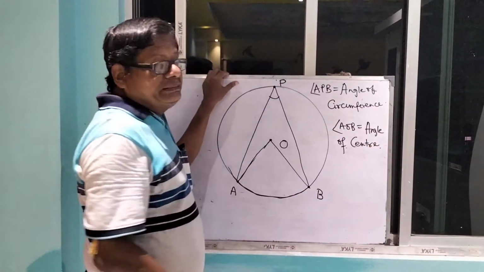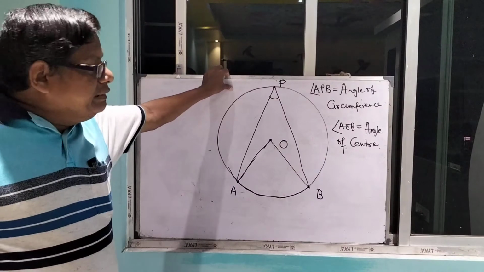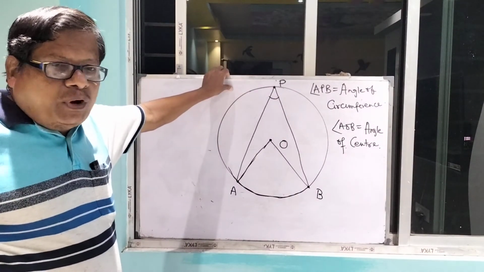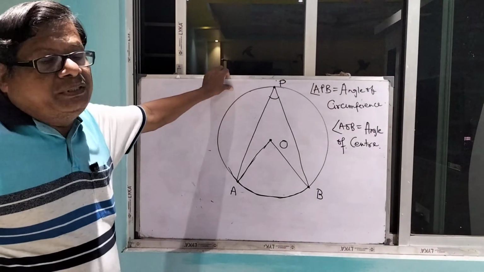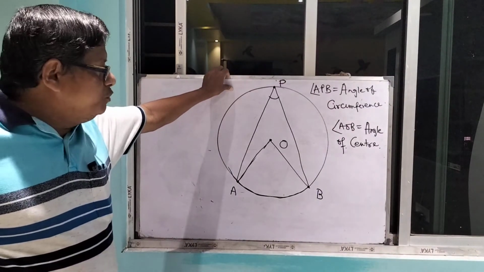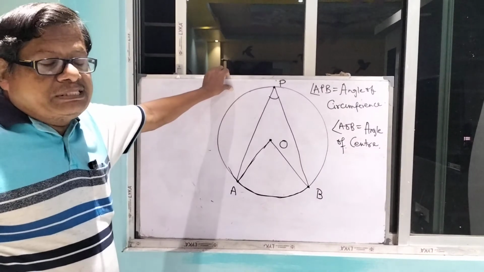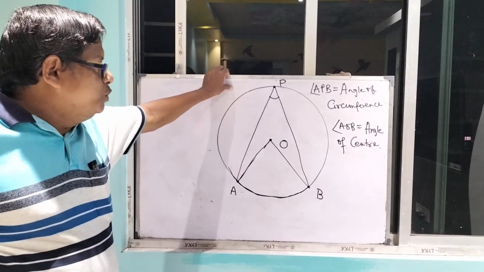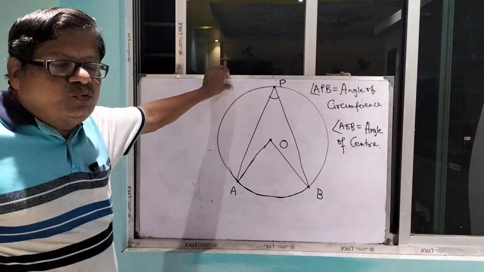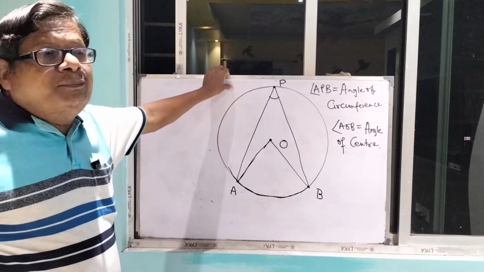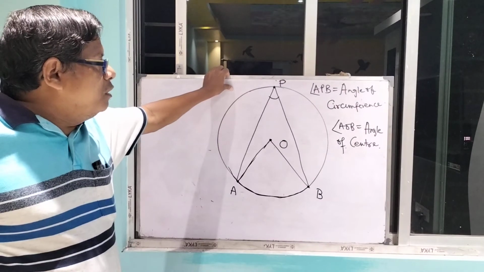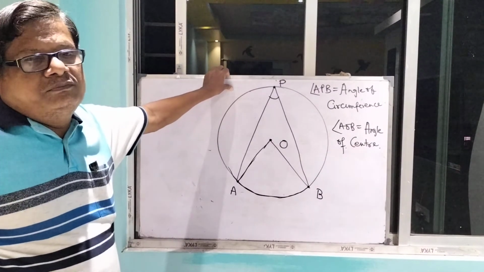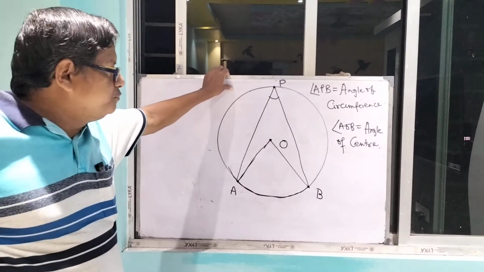So the relation is that AOB equals twice APB. Keep in mind, it is a very important theorem. Basic concept you should remember. With the help of this theorem, we have to solve various types of applications.